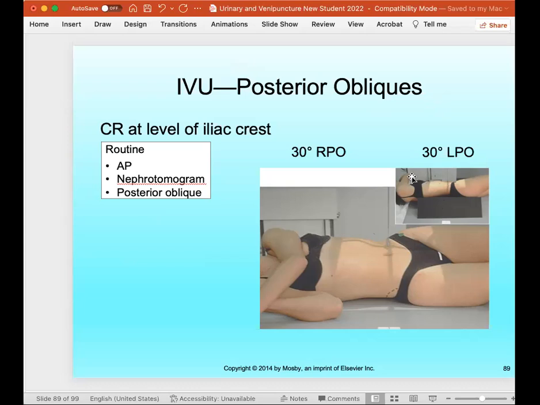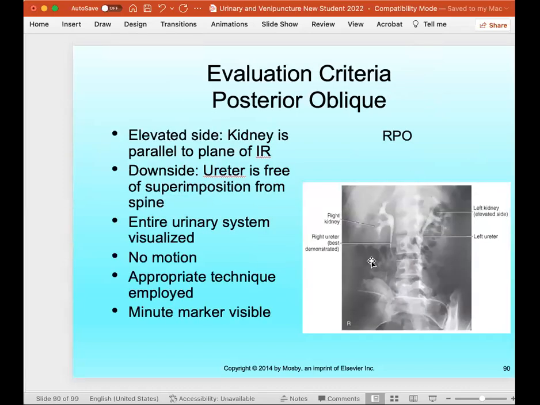Okay, remember I mentioned that the kidneys are located at a 30-degree backward angle towards the spine. So in order to get that kidney parallel to the image receptor to get a true AP, we need to rotate the patient 30 degrees, okay? So the elevated side is the side that will demonstrate the kidney.